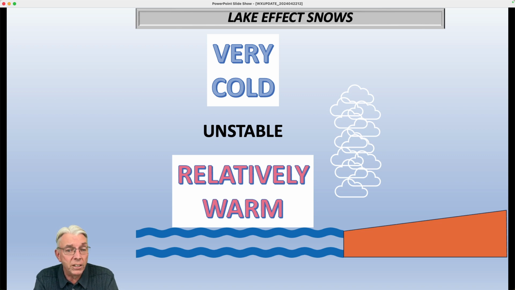One of them is speed convergence, where there's less friction over the water than there is over the land. So let's say the wind is blowing at a really good clip here, and then it slows up over the land. So we have a piling up of mass right along the beaches, okay, or just inland, and you have convergence, and of course low-level convergence produces upward motion, and you get clouds and precipitation.